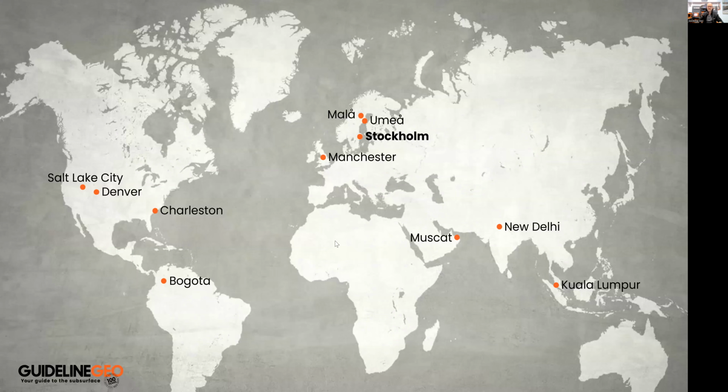So as I say, this is our spread. We cover most of the time zones pretty well. These are a combination of both technical offices and sales offices. I'm based in Manchester in the UK. Headquarters of the company are in Stockholm. Our research and development office is in Umeå, and then a little bit further north, about 100 kilometers short of the Arctic Circle, we have our factory up in Malå, where we make everything.